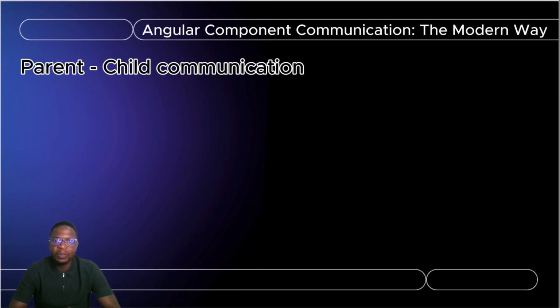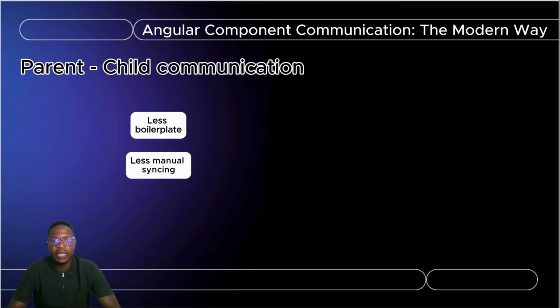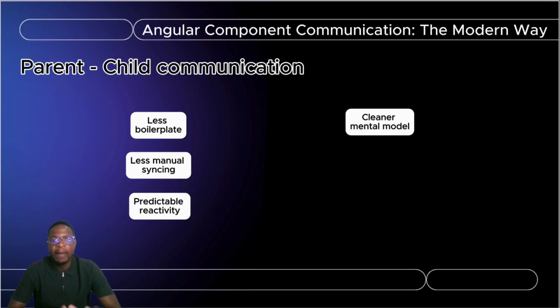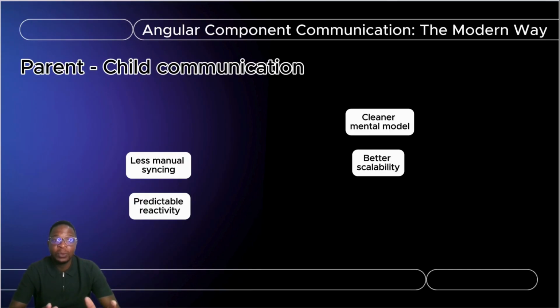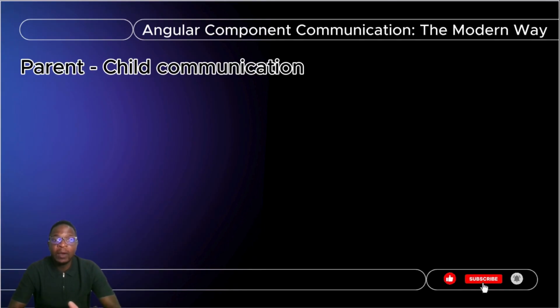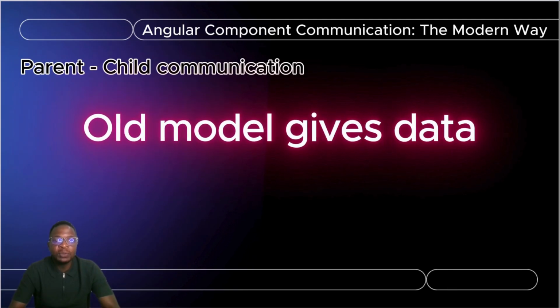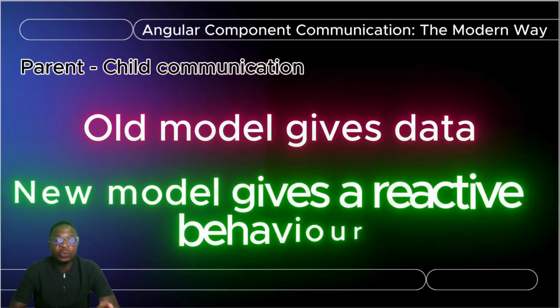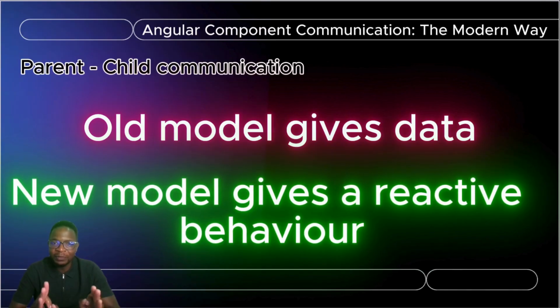But the modern approach gives you some real benefits, like less boilerplate, less manual syncing, more predictable reactivity, a cleaner mental model, better scalability as components grow. So here is the line I want you to remember. The old model gives you data. The new model gives you reactive behavior.